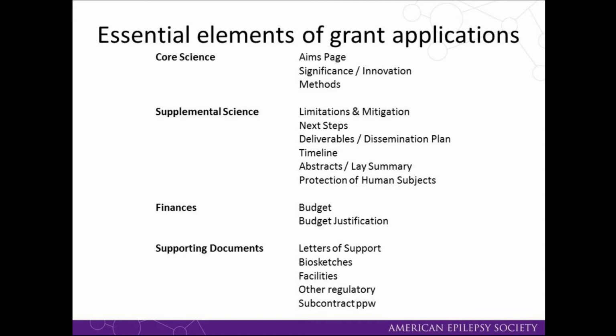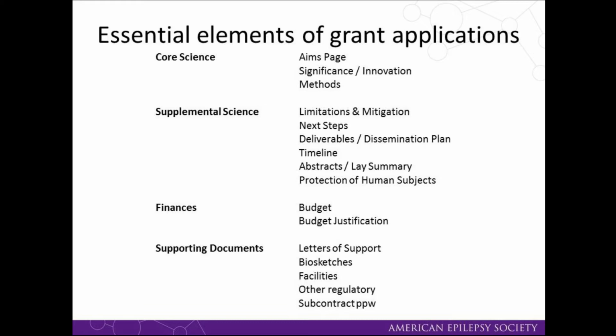There's several other sections that go into your science section that you might not think about initially, but do require some time, and you can get dinged if you don't pay sufficient attention to them. So first is limitations and mitigation. No science is perfect.